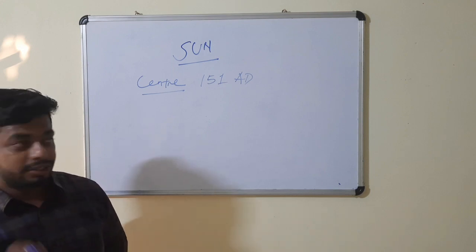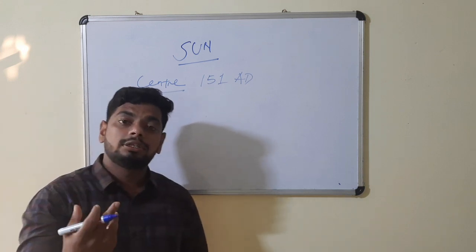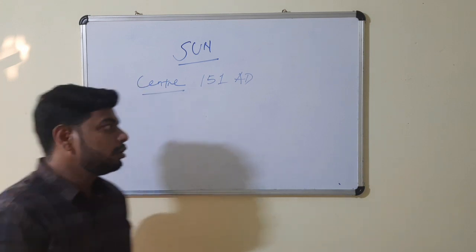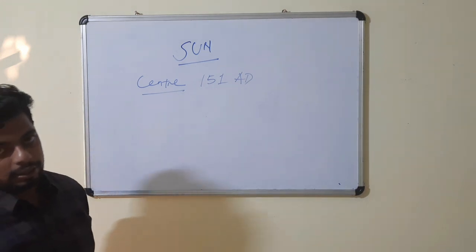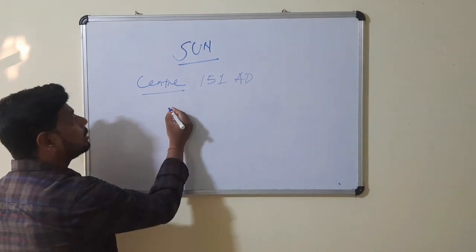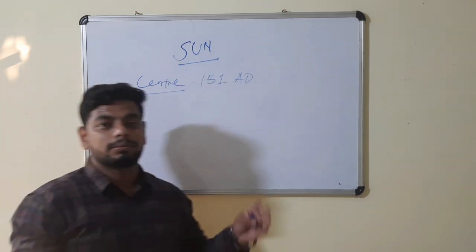But in the 16th century, Nicholas Copernicus, through his heliocentric model, proved that it is not the Earth but the sun that is at the center of our solar system.